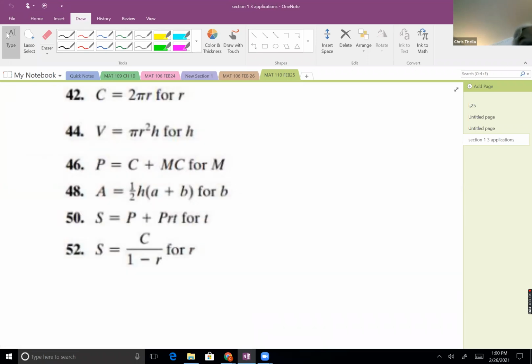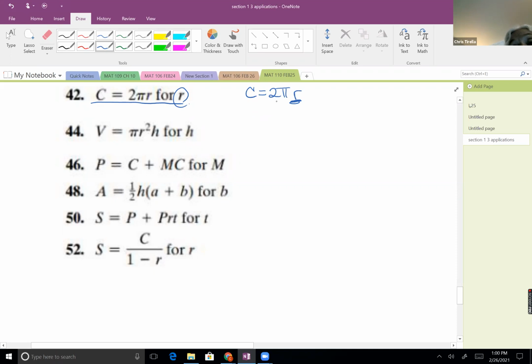We want to take that equation and we want to solve it for r. So we have c is equal to 2 pi r. And to say that we want to solve it for r means that we want to get that r alone. Again, we're going to treat this like we do other equations. First thing we want to do is get the term that contains the r alone on one side, which it is.